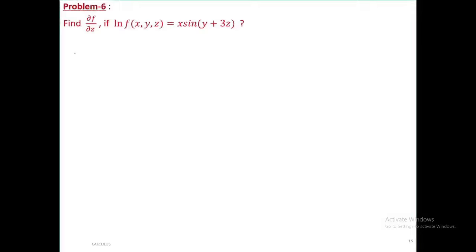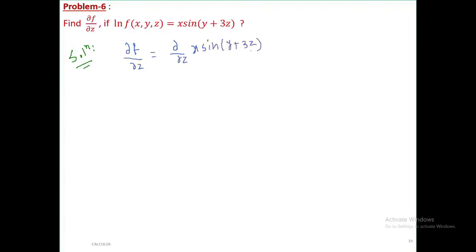Problem number 6. Now what I want is dou f by dou z. So here dou f by dou z, how to evaluate this kind of thing again? So the z is hidden inside. So dou by dou z of x into sine of y plus 3z.